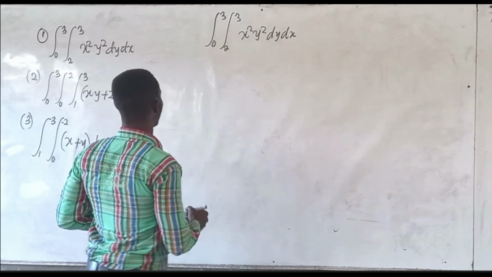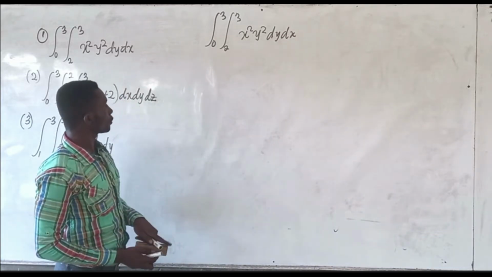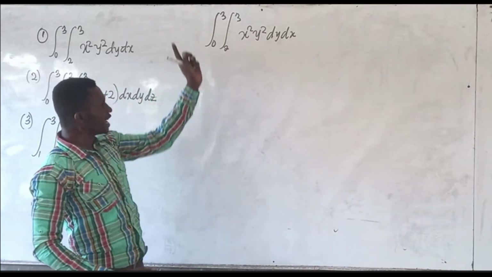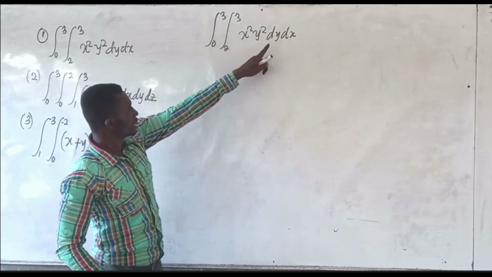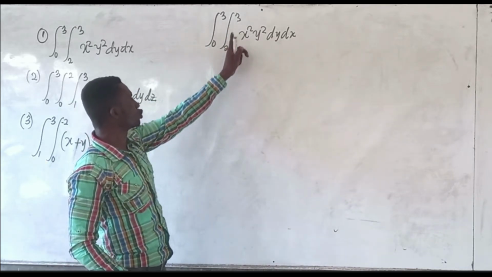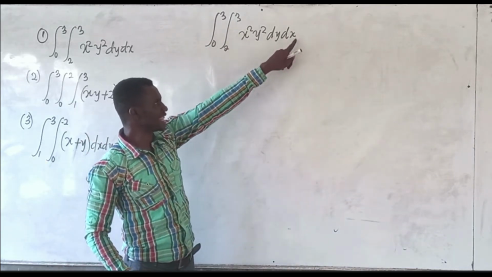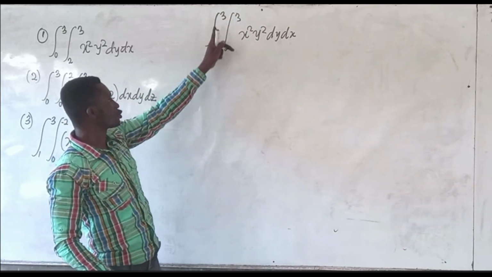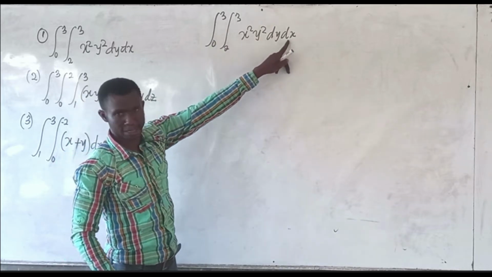Now, what we do is that you see the dy comes first. So the inner one means that dy goes with the integral from 2 to 3. The dx is outside, and the outside one is the integral from 0 to 3. So 0 to 3 is for x.